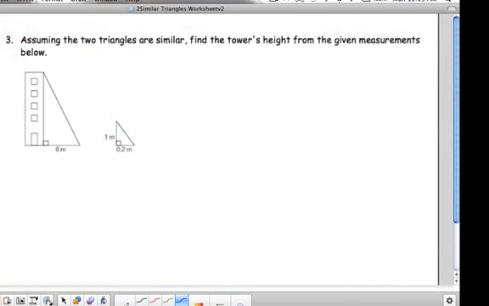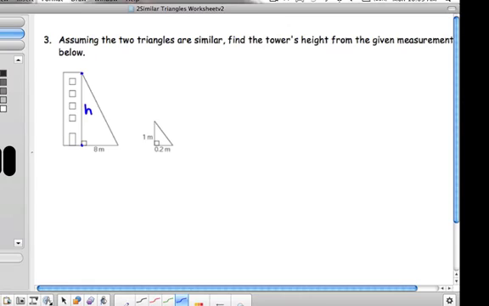Now, in this question, we have to find the height of the tower. So this is going to be H, and it's going to be how tall, the distance from the top to the bottom of that tower. And so we'll put on our labels here. We'll actually color coordinate our sides here.